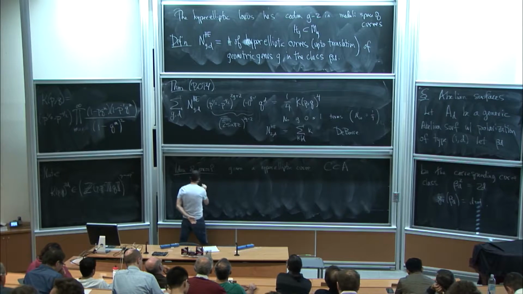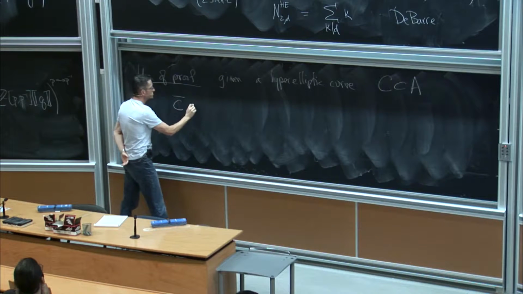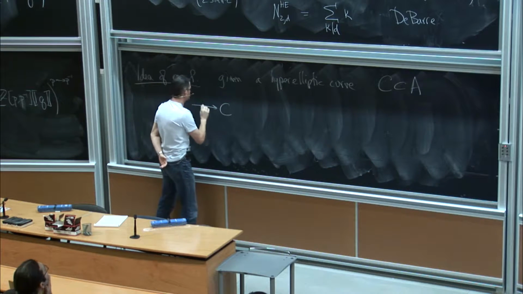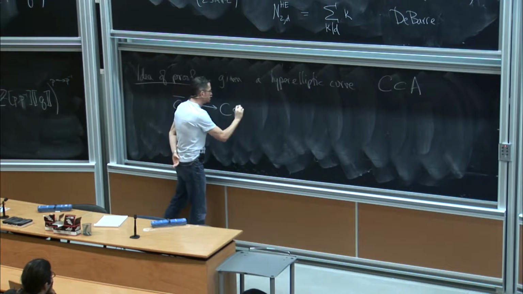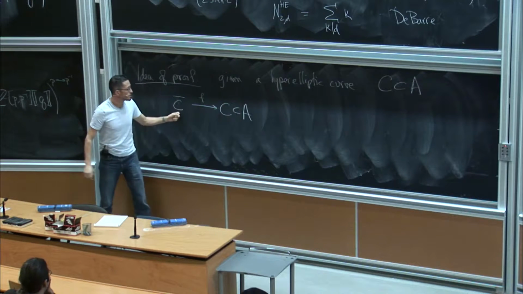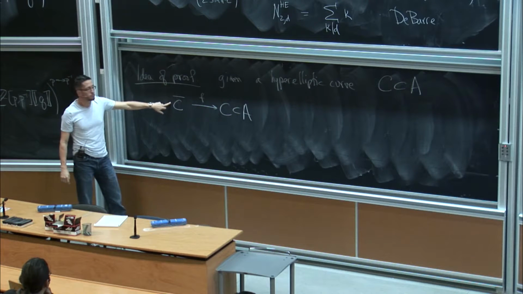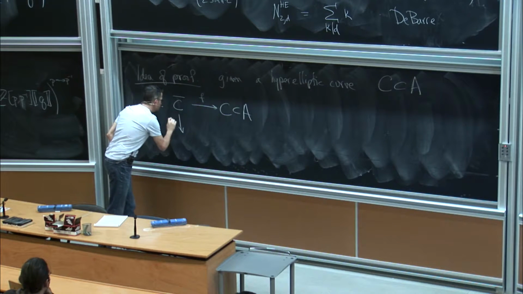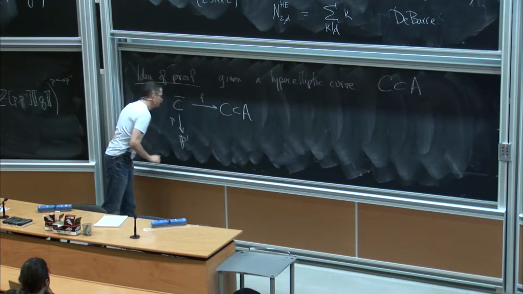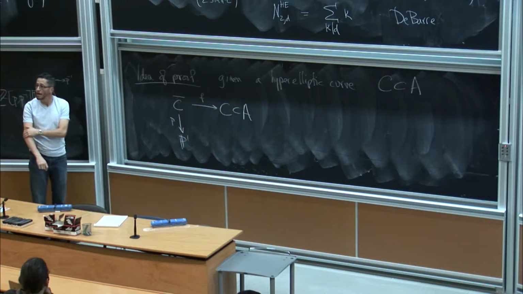Well, it means that its normalization, so if I take its normalization, let me call the map of the normalization to the abelian surface f, then this thing is a smooth curve which is now hyperelliptic, so it has a double cover of P1.